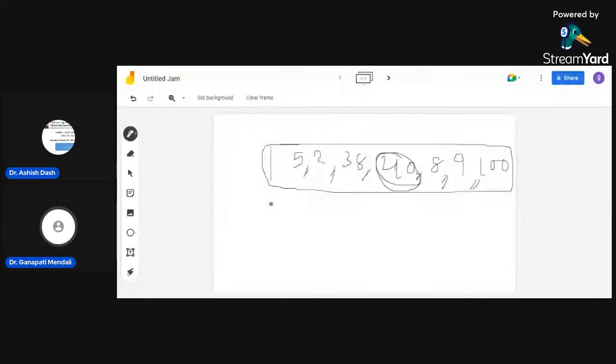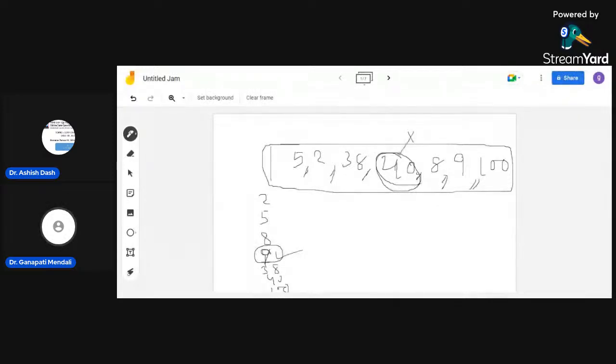Now if we arrange the data in ascending order: 2, 5, 8, 9, 38, 40, 100. What is the middlemost value now? Three on each side, so it is 9. The actual value of the median is 9, but without arranging the data we calculated 40, which is totally wrong.